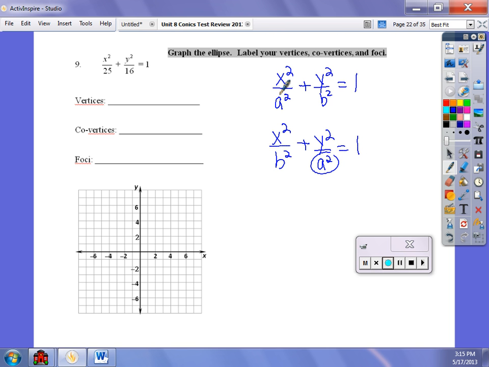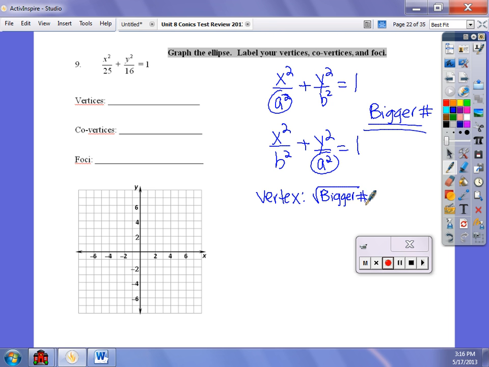A represents the bigger number. So the bigger number is your vertex. So the vertex, in this case, will be the square root of the bigger number.